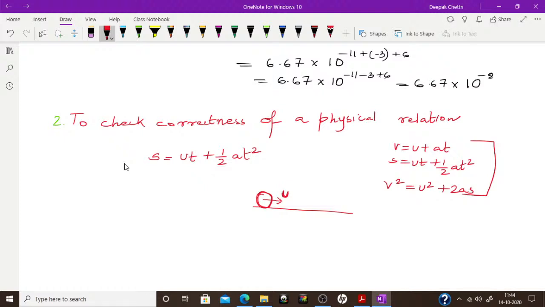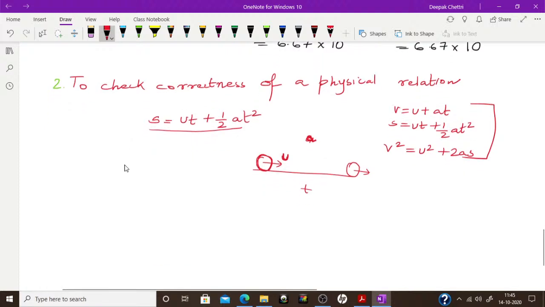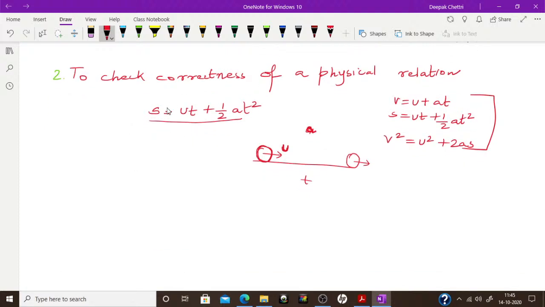And after some time its speed increases, it accelerates by small a. Then what will happen? This formula will help us to find the distance. How much distance did it move in time t? So this helps us to do that. Okay, so using dimensional analysis, you can find whether this formula is correct or not.